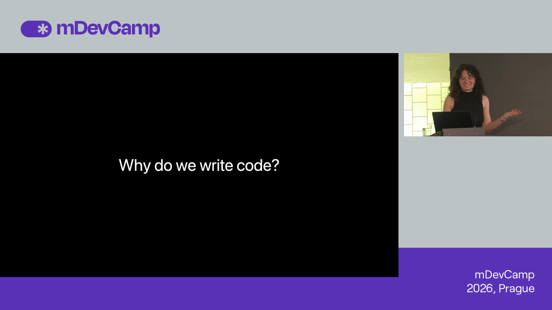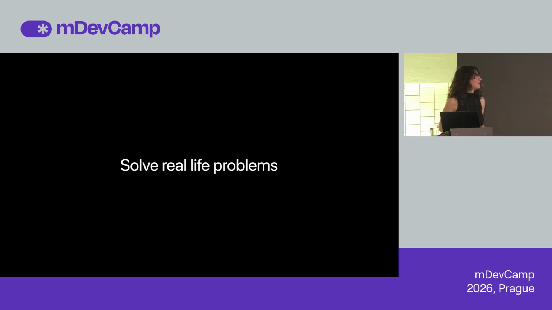So, as developers, we write code, besides making money, to solve real life problems, to make people's lives easier, solve a bug, create a feature. So code serves a function. And that's totally okay. It's normal. This is what drives most of us to do all of this work, right, every day.